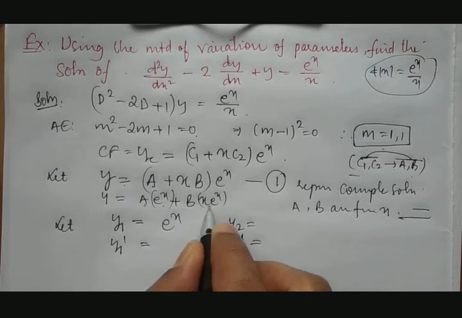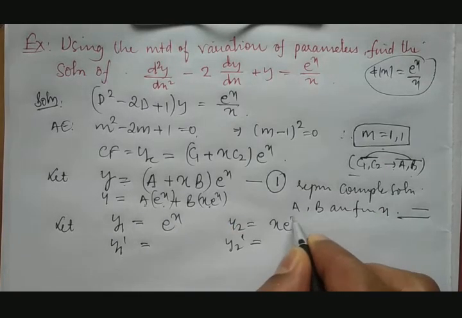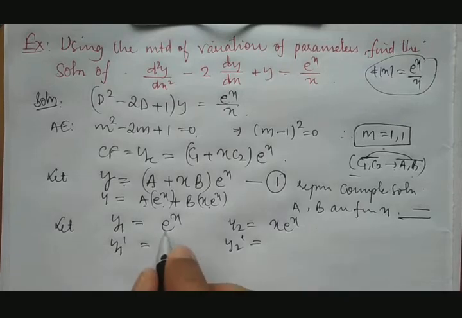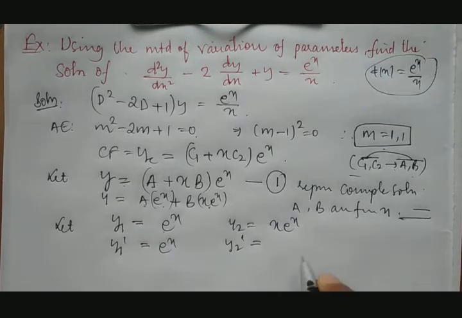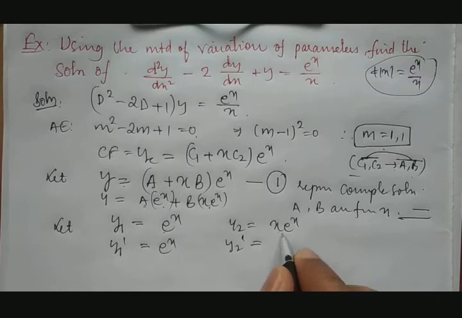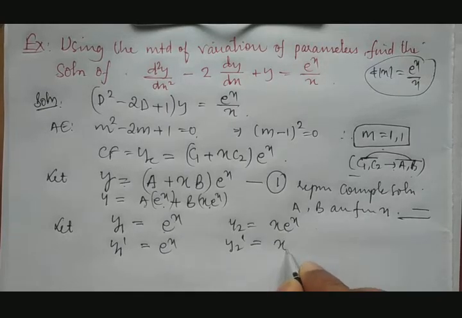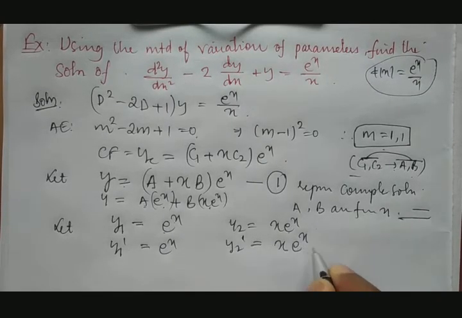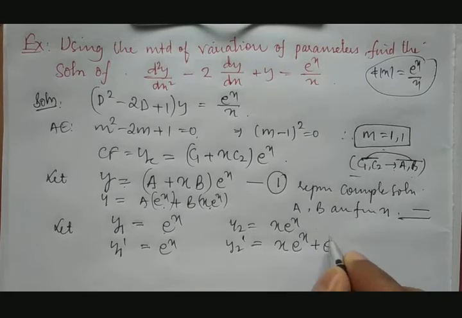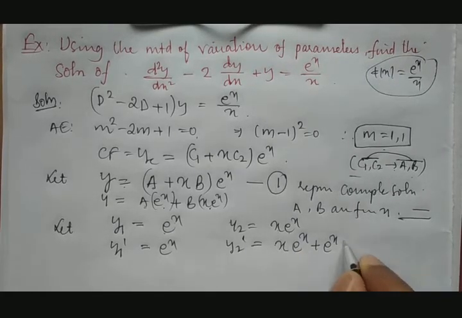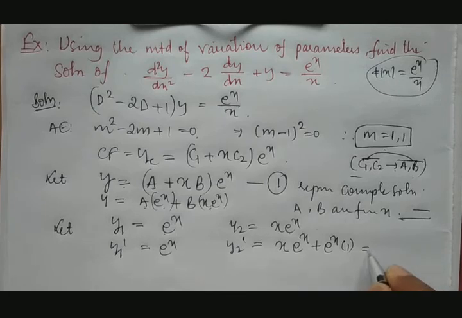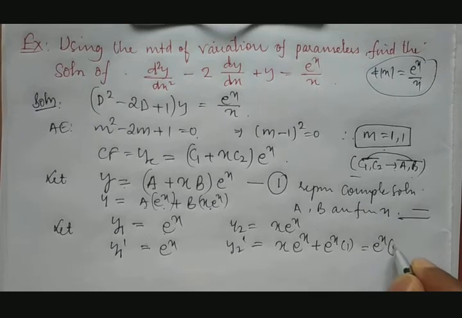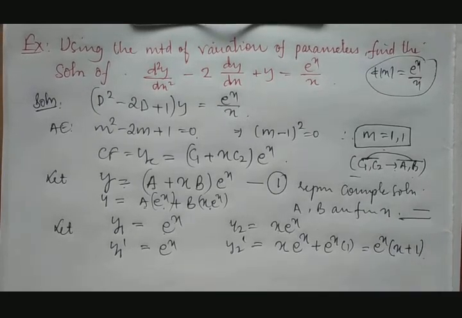The coefficient of b is y2, that is x into e raised to x. Then the differentiation of e raised to x is e raised to x, and the differentiation of y2 is e raised to x plus x e raised to x, which can be written as e raised to x into (x plus 1).